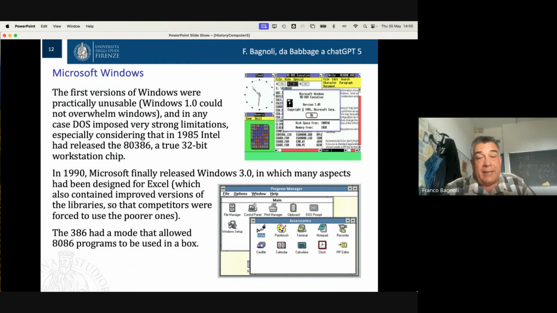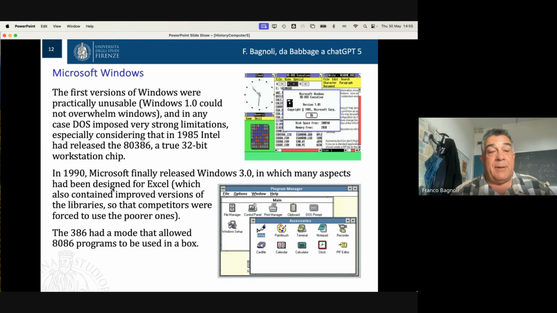So again, they started to write Windows, that is Windows 3 and 3.1, which essentially exchanged its role with respect to DOS. While earlier Windows ran over DOS, in this other case it is DOS which runs in Windows.